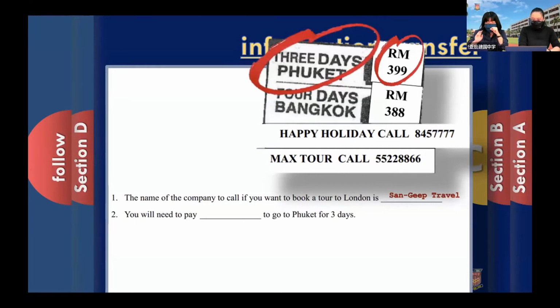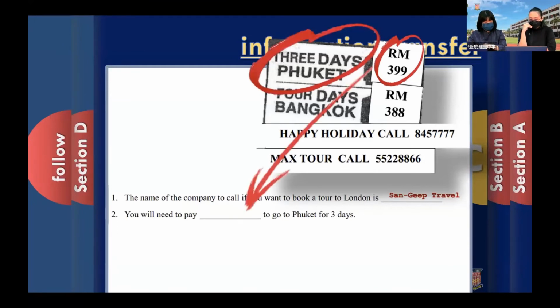Yes. But what if, Teacher Sharon, what if I just write the digit 399? Could it be accepted? Okay, so answering Teacher Reen's question. If you give only the number 399, this digit without any currency like RM, then we actually won't accept it because we need to be specific about the amount.